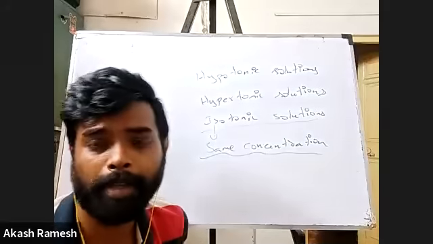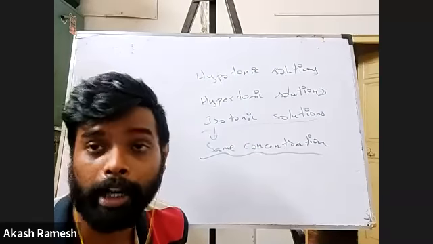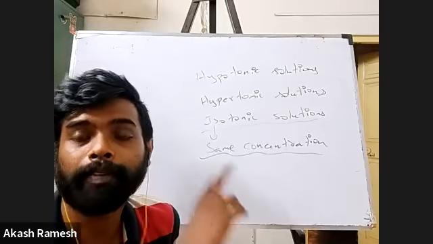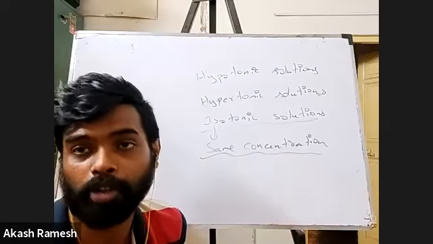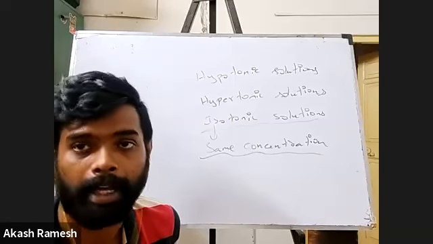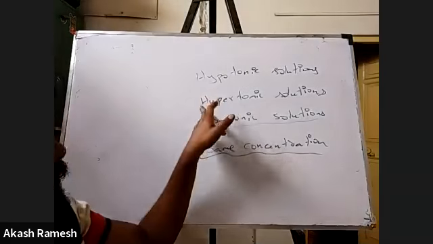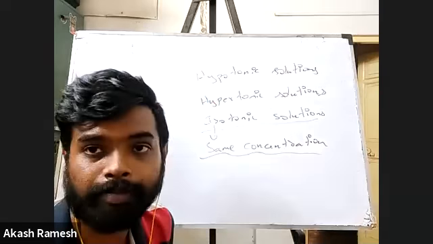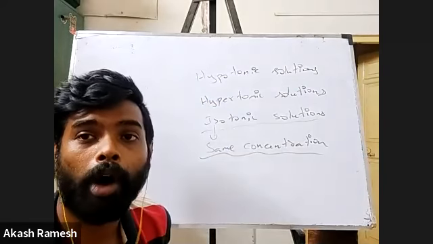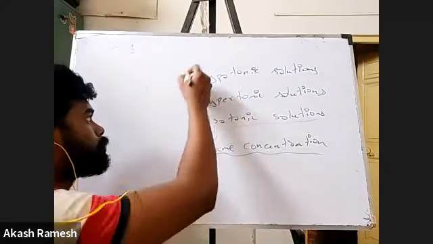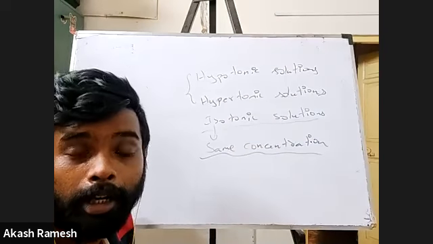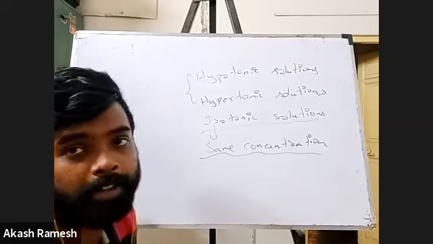If I tell you there are two solutions which are isotonic, it means both solutions have the same concentration, like 0.5 m, 0.5 m. Now when I say hypertonic, for both hypertonic and hypotonic, you can understand that the concentrations are not going to be the same.